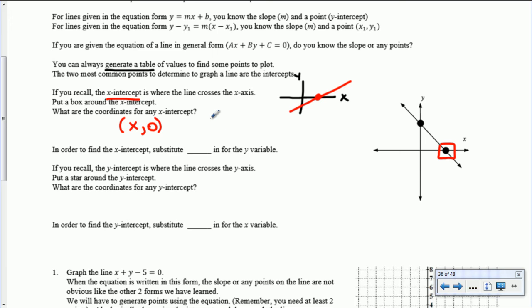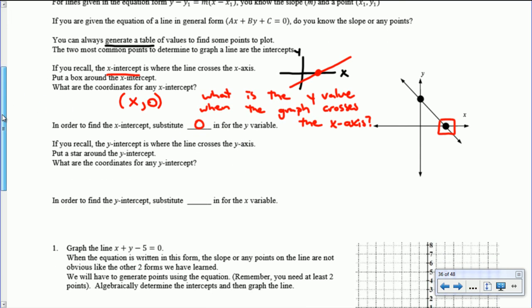So question to ask yourself, what is the y value when the graph crosses the x-axis? So that is a helpful question to ask yourself. In order to find the x-intercept, you substitute 0 for the y variable.